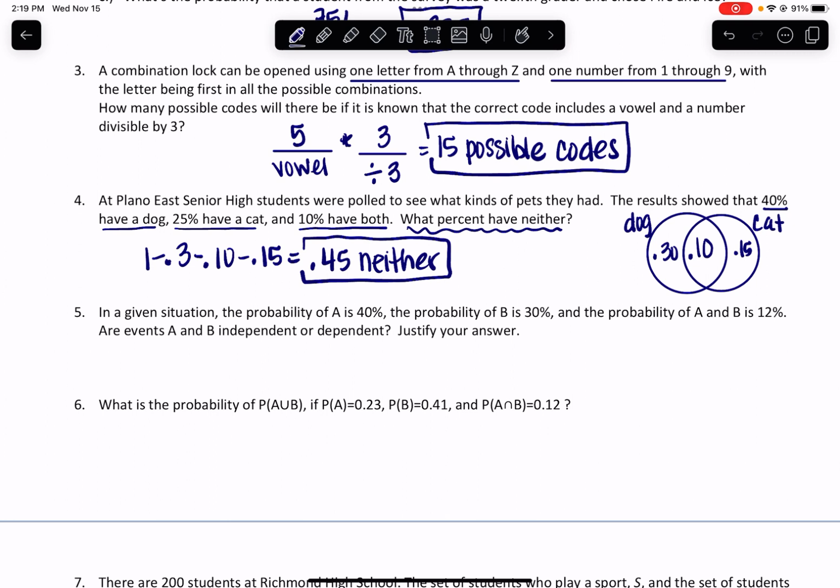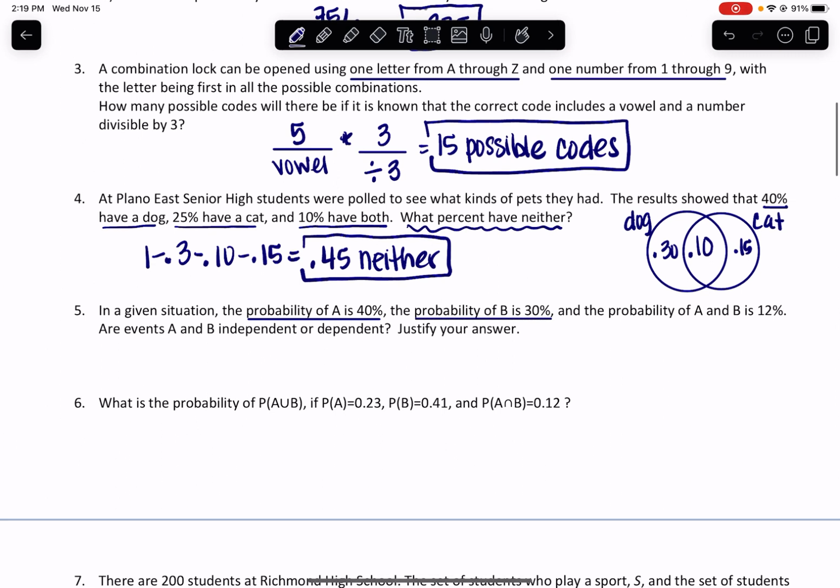Number 5, in a given situation, the probability of A is 40%, the probability of B is 30%, and the probability of A and B is 12%. Are the events independent or dependent?